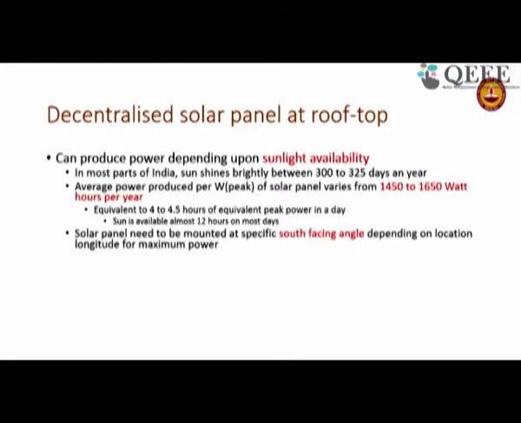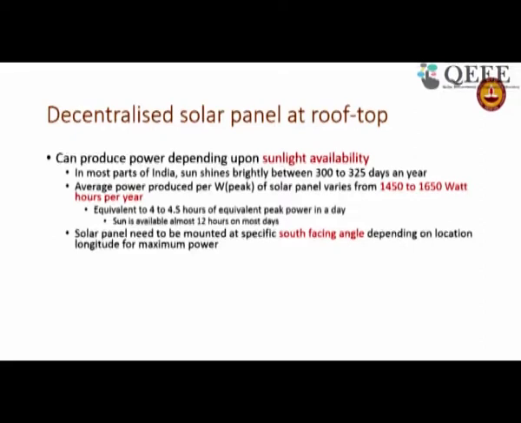Now, how do you characterize that? One of the ways to characterize solar is characterizing the place, Chennai, Visakhapatnam, Madurai. How much sunlight does fall in a year?